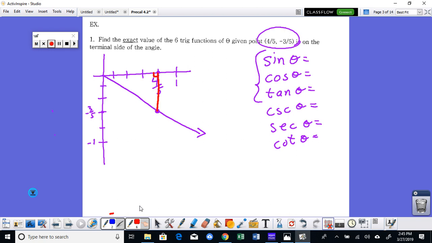What is my y value? What's the length of my y-axis here? That's a negative 3/5. What is my x value? 4/5. Good. What is my hypotenuse? How can I find it?